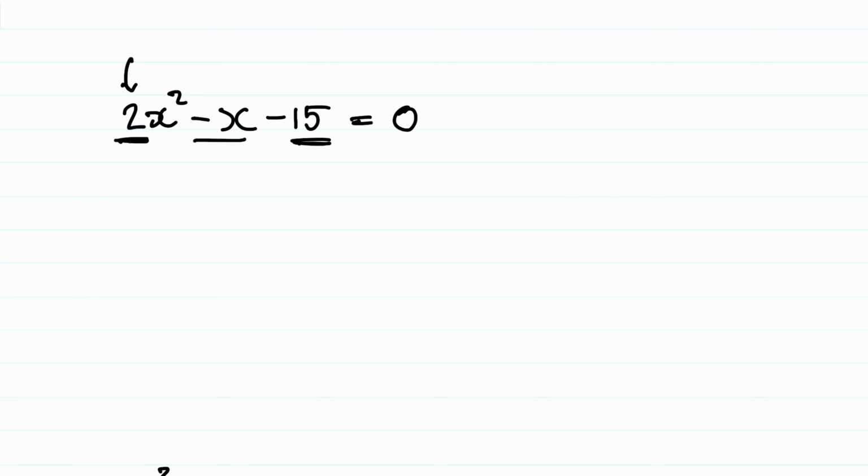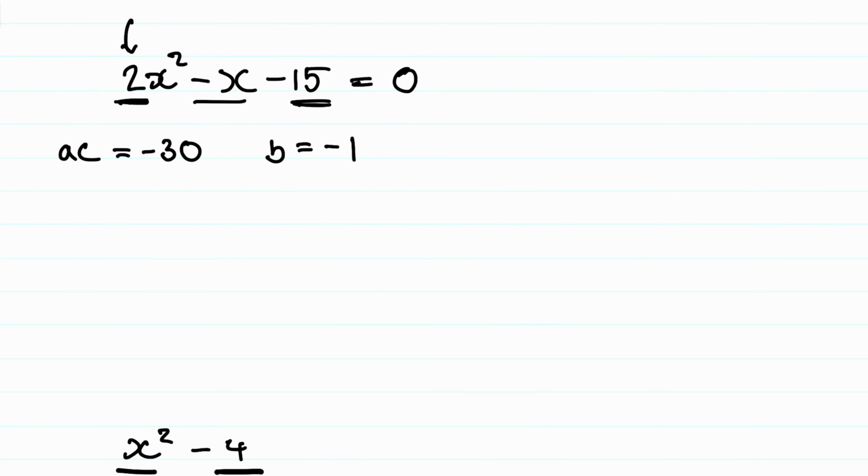So if we do a multiplied by c, 2 multiplied by -15 would get -30. And we know our b, the coefficient of our x, is -1.